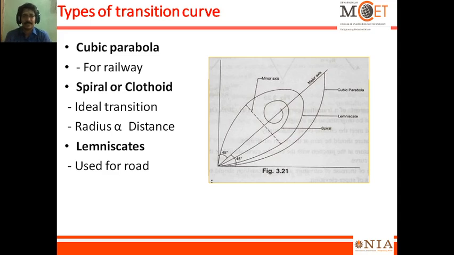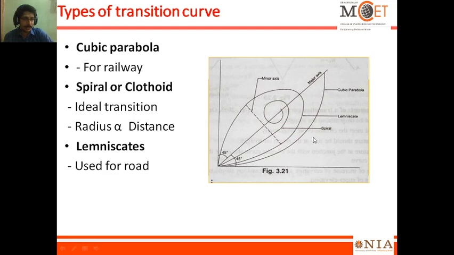Types of transition curve we can provide: for railway purposes, majorly the cubic parabola is adopted. Here, this is the cubic parabola, with the major axis and the minor axis.